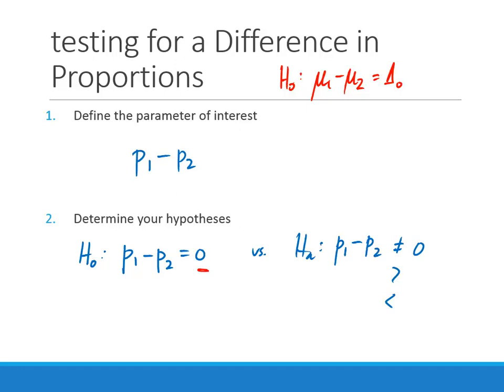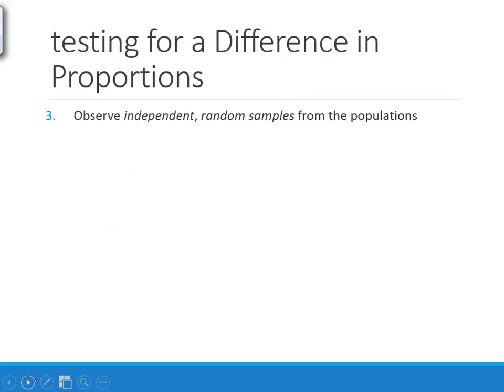The underlying distributional approximation only holds if we're saying that difference is 0. So when we're doing proportions, we'll always be testing: is there no difference, or is there some other difference that we're interested in over in the alternative? So just to note that we'll only be testing 0 in the null hypothesis here.